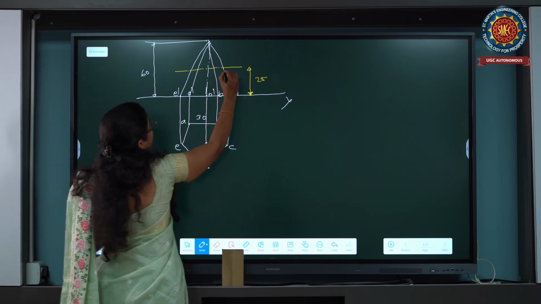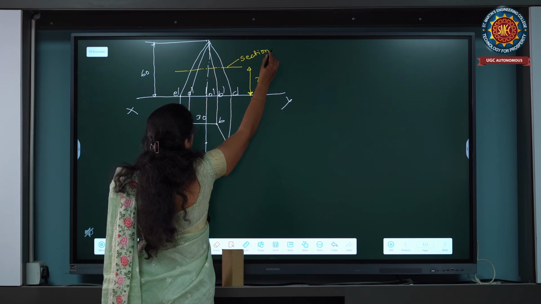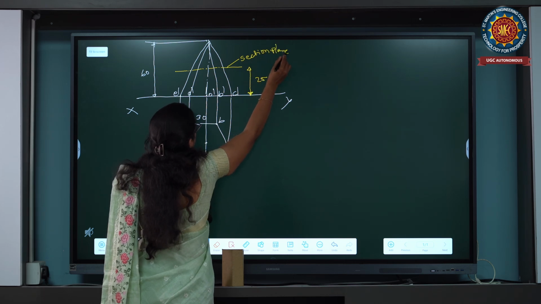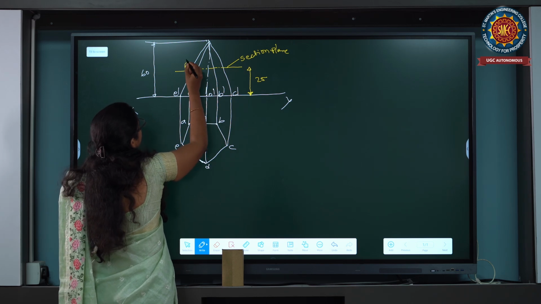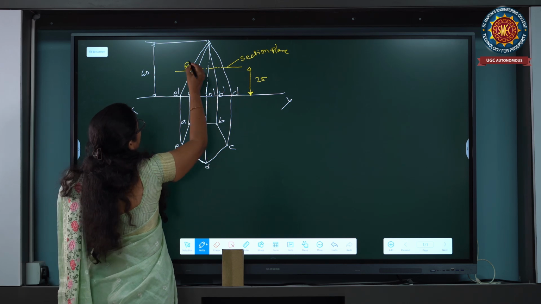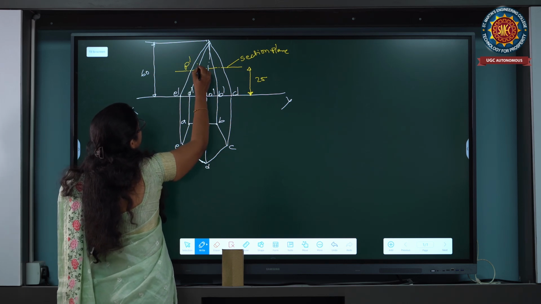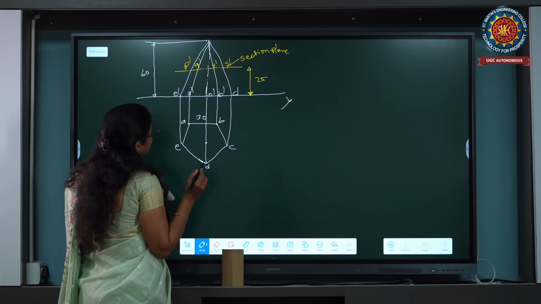This is called a section plane. The section plane in the front view is denoted using p dash, q dash, r dash, s dash, lowercase letters with dash.